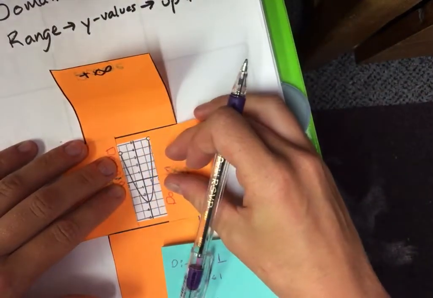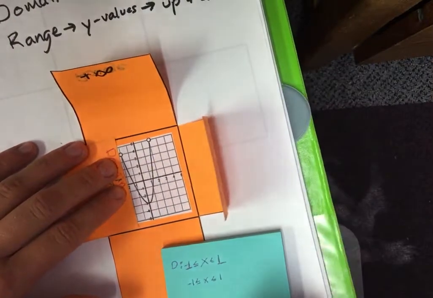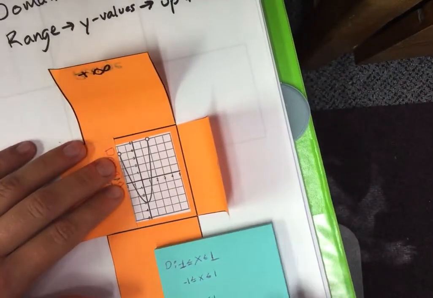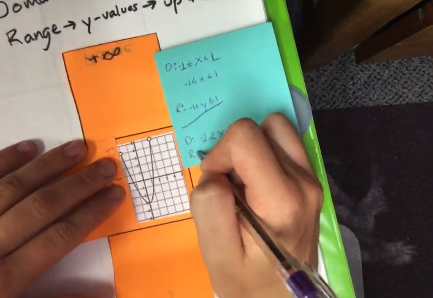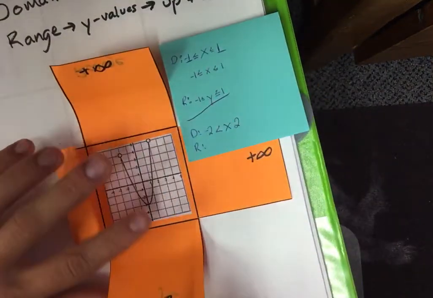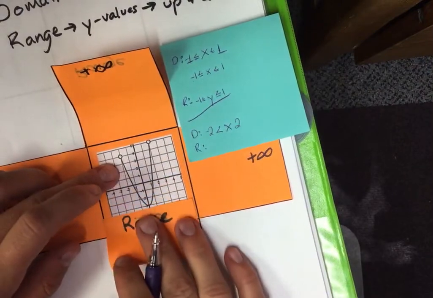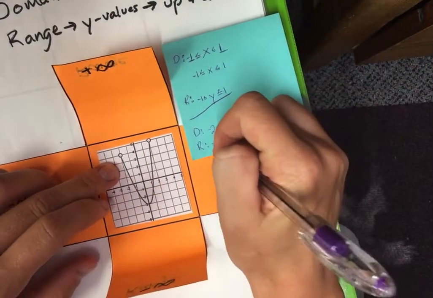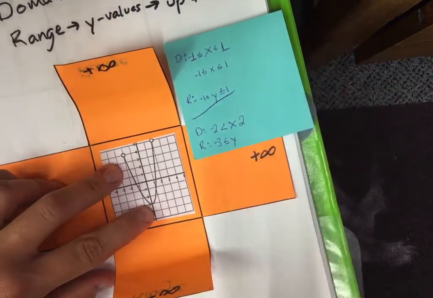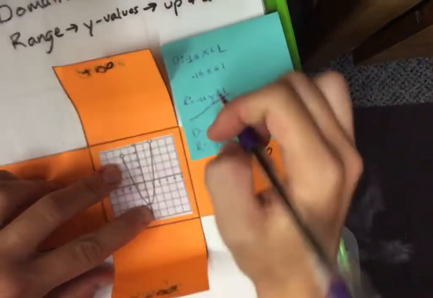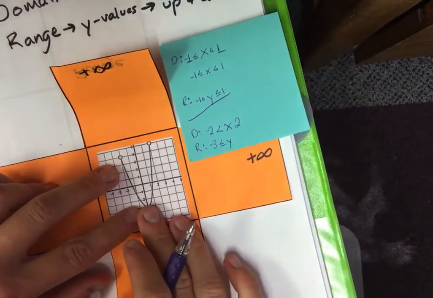And my right value is a +2. That looks pretty good. Now let's try the range. It looks like my bottom value is -3. And it does equal it, because it comes down and just barely touches that point.